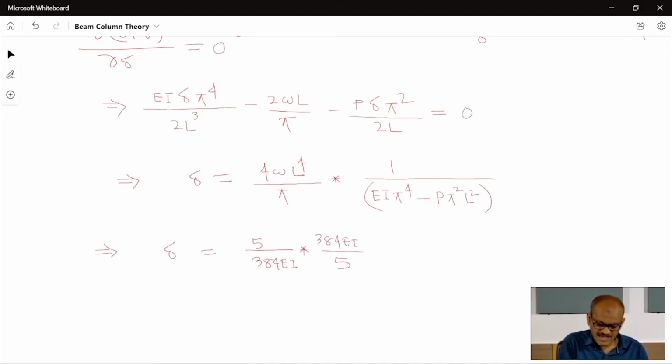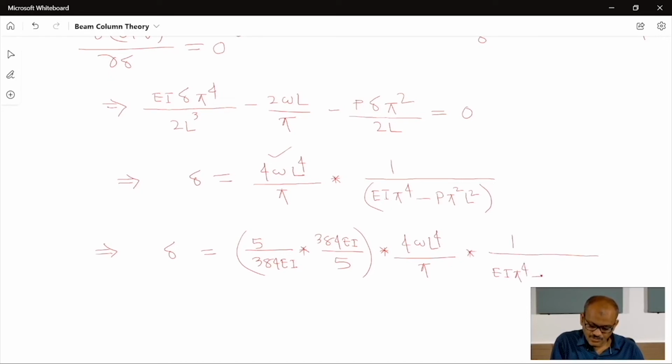Only this becomes cancelled out, becomes 1, and we will multiply with 4WL 4th by pi, and we wrote 1 by EI pi to the power 4th minus P pi square L square.